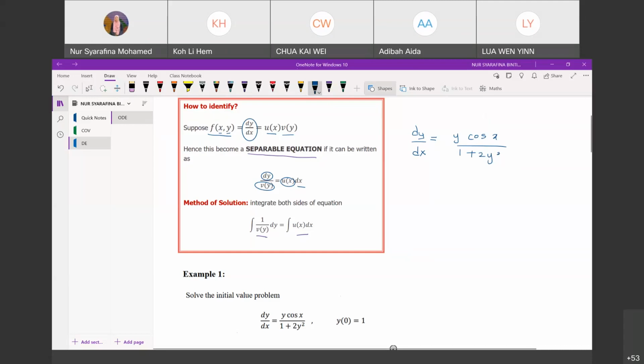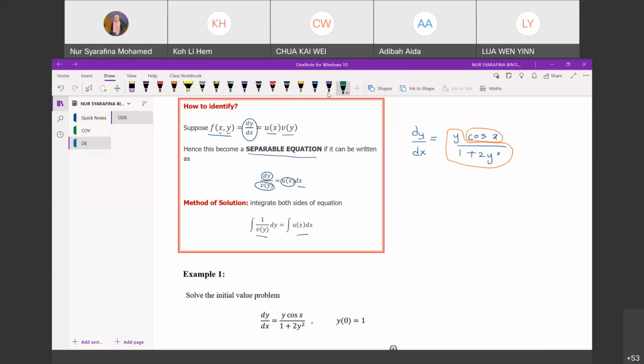As you can see, this is a function for y, and this is a function for x. So you just can separate this by moving the function.